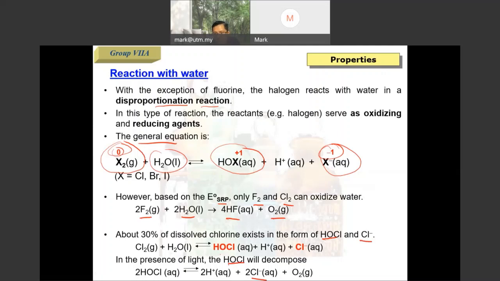Initially it exists as hypochlorous acid when we react chlorine with water, but it will eventually decompose to form the chloride ion. So the overall reaction forms the chloride ion, but the intermediate reaction forms hypochlorous acid.